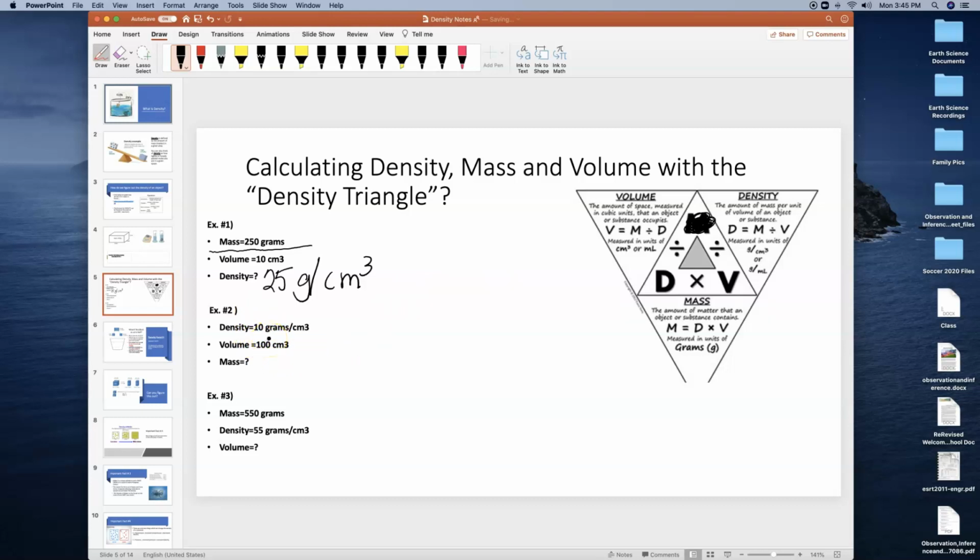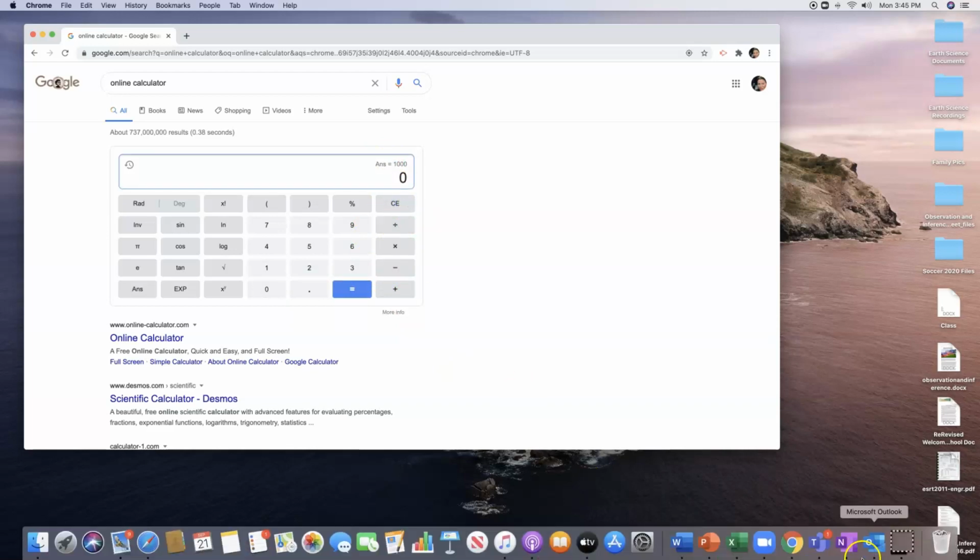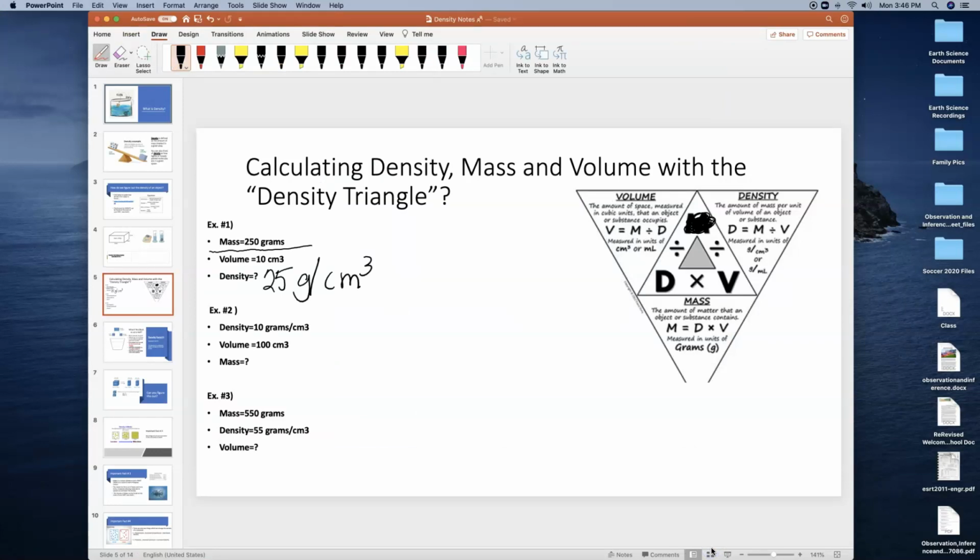So again, if I go over to my calculator and do 10 times 100 or 100 times 10, we get an answer of 1,000. So for example number 2, you would write the mass as 1,000, and that would be grams.